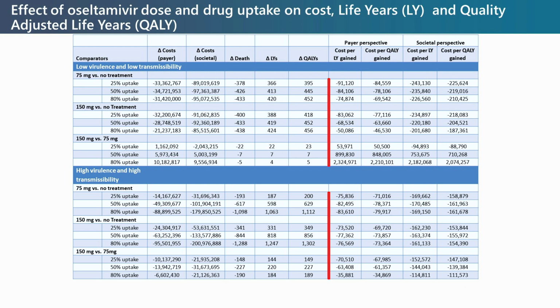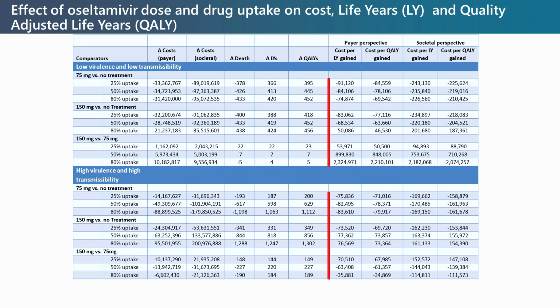And depending upon the uptake scenarios, there are three scenarios: 25%, 50%, 80%, which is the same in both cases. And you can see the change in costs, whether to the payer, societal, change in death, life years, quality adjusted life years, etc., from both the payer perspective and the societal perspective.